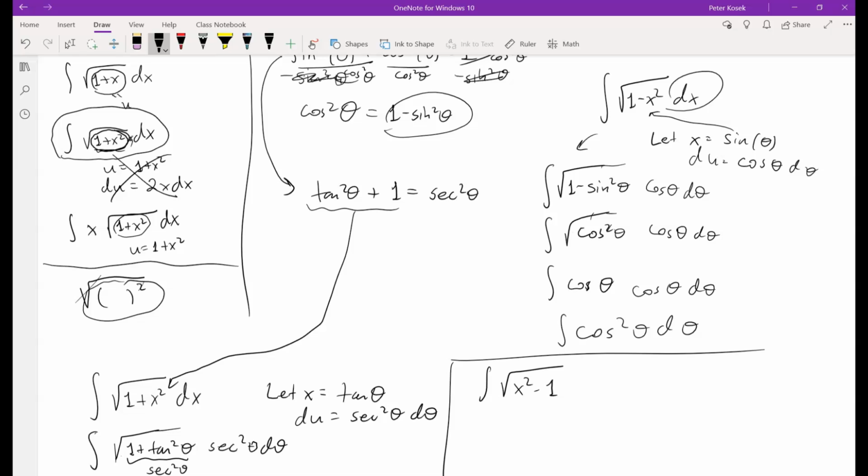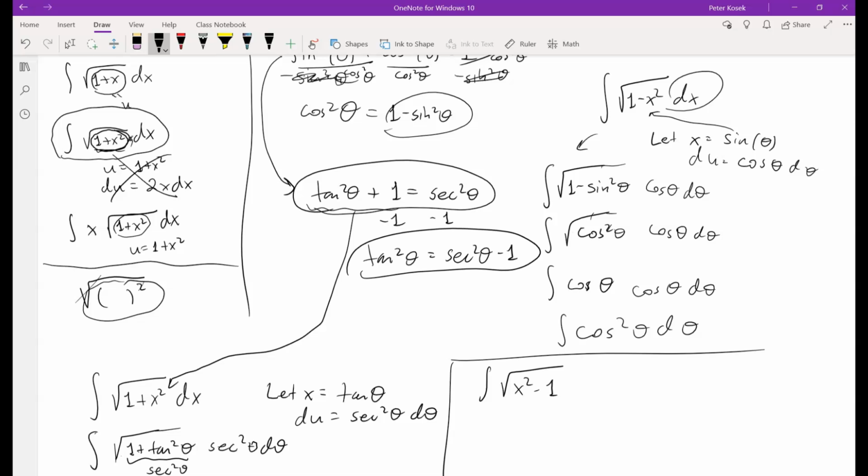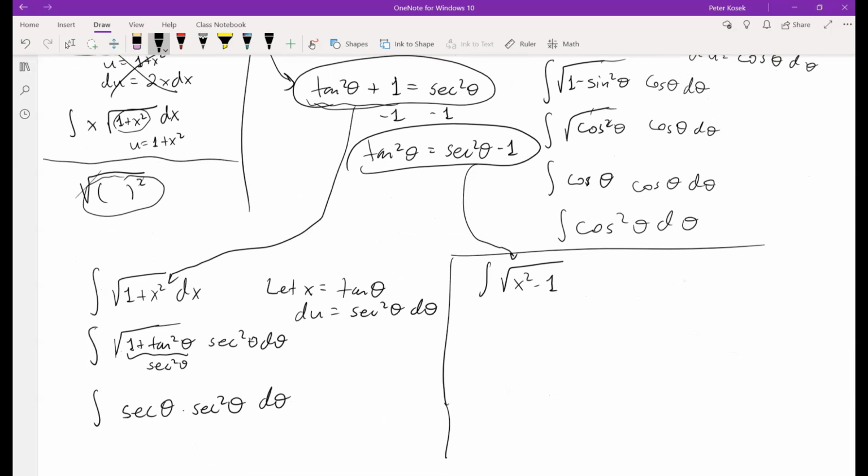So instead, we're going to take this formula here, and we're just going to subtract 1 from both sides. So I have tan squared theta is equal to secant squared theta minus 1. And so this formula is going to help us deal with this guy. So what I'm going to choose is x is equal to a secant theta.